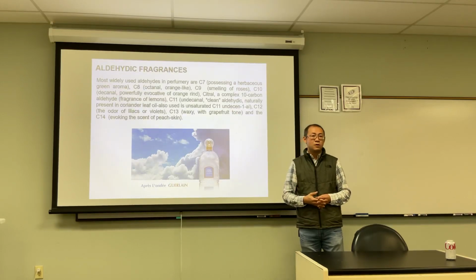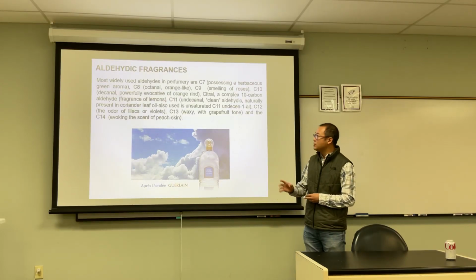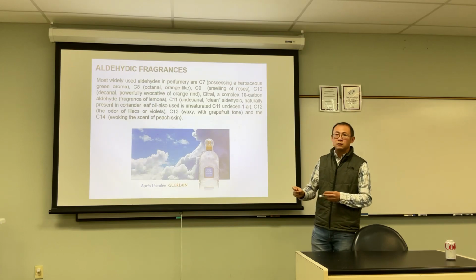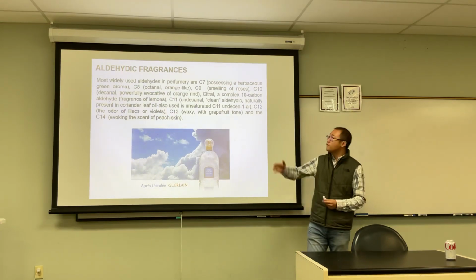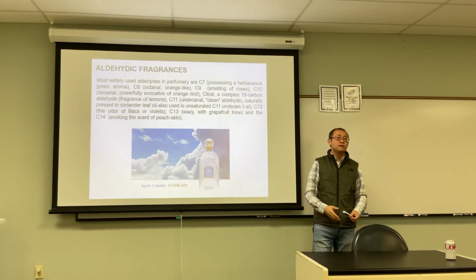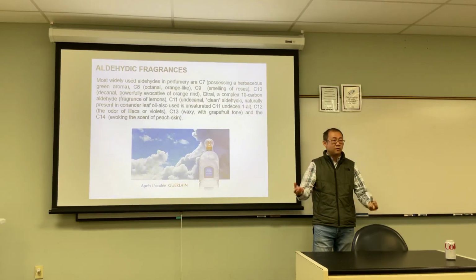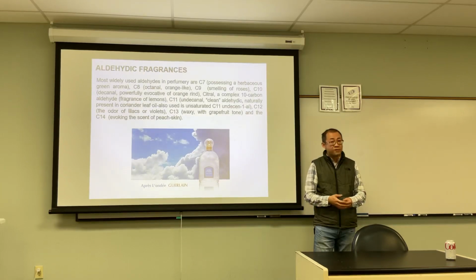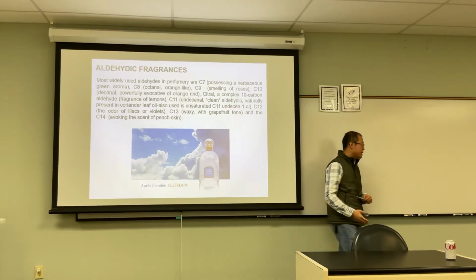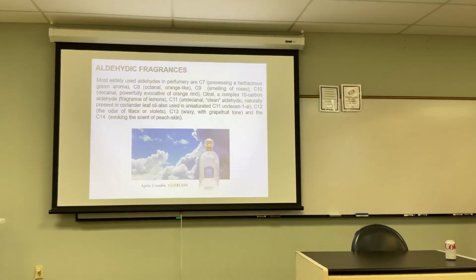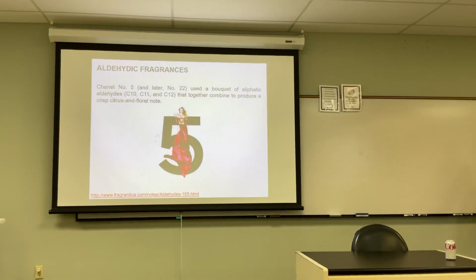So the perfume industry sometimes uses different combinations of different chain lengths of aldehydes to make perfume. Of course, you won't know the ingredients or the ratio, but they're basically aldehyde perfumes, including Chanel number 5. You can read more if you're interested.